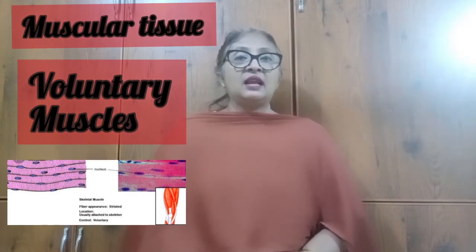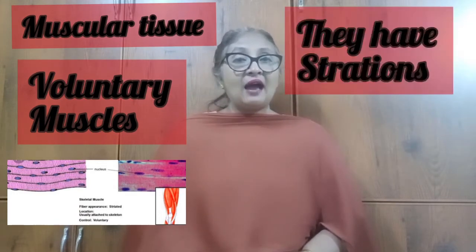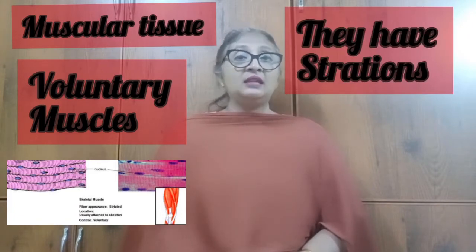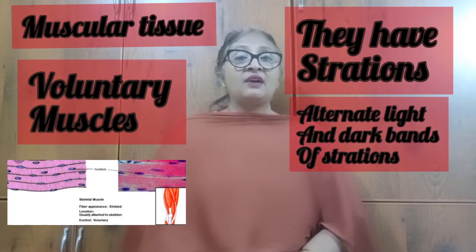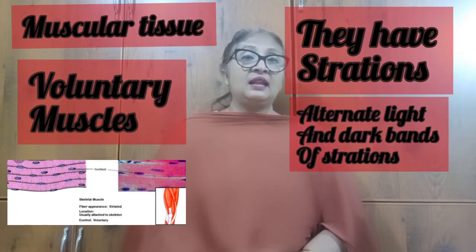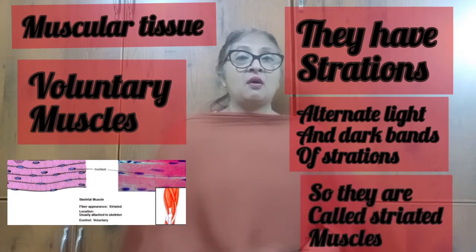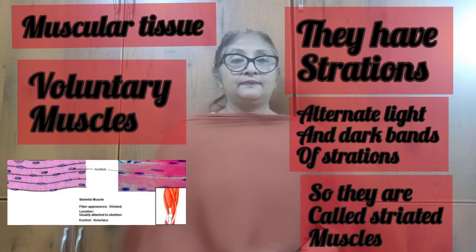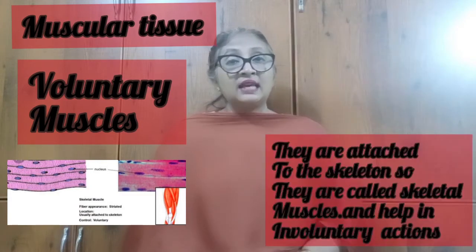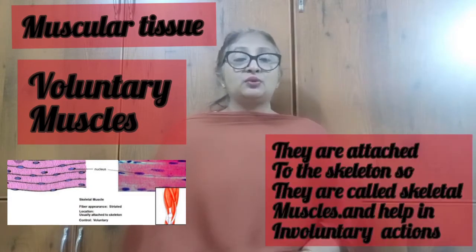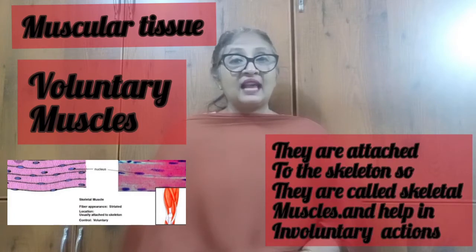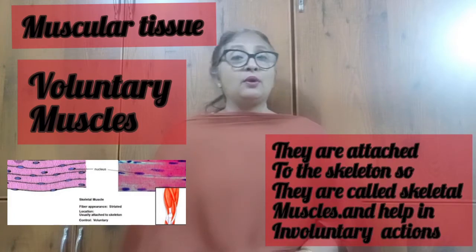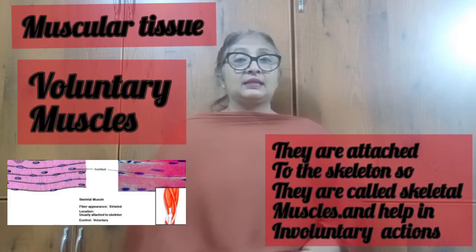These voluntary muscles have striations, that means alternate bands of dark and light striations or stripes. Therefore, they are known as striated muscles. Since these muscles are attached to the bone or skeleton, they are also known as skeletal muscles.